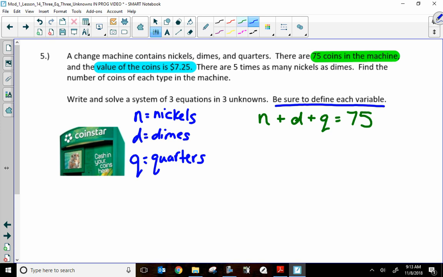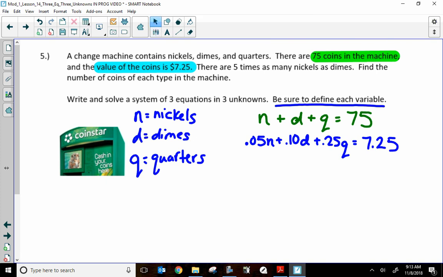So if I had 3 nickels, that'd be 15 cents because I multiply the number of nickels I have times the value of the nickels. So if I take 0.05 times my nickels plus 0.10 times my dimes, because each dime is worth 10 cents, and 0.25 times my quarters and I add up their value, that should give me $7.25. All right? Not too shabby.